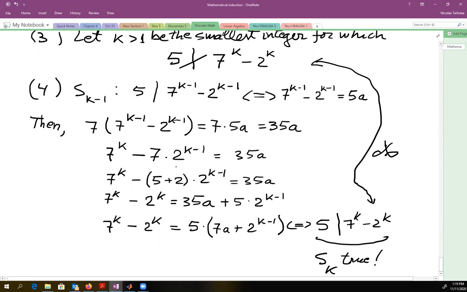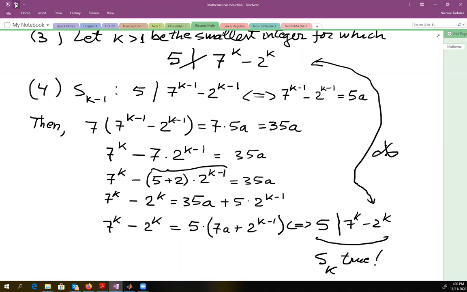So what do you have here? You have 5 times 2 to the k minus 1. So you're just multiplying this inside. Okay.